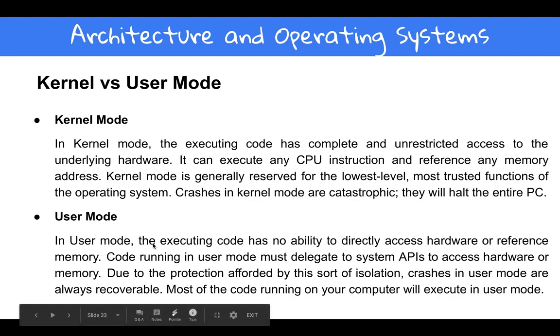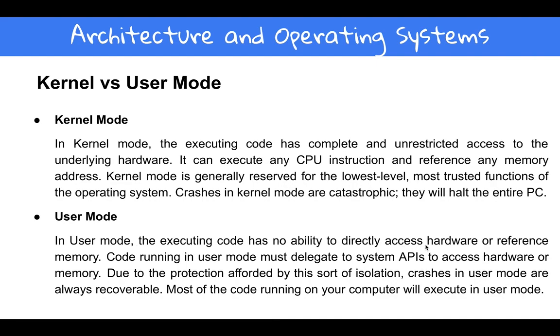In user mode, the executing code has no ability to directly access hardware or reference memory. So the dispatcher can take a process from kernel mode and give it to user mode, where it doesn't have access to all the hardware. The dispatcher can move between the different modes of the operating system, kernel and user.